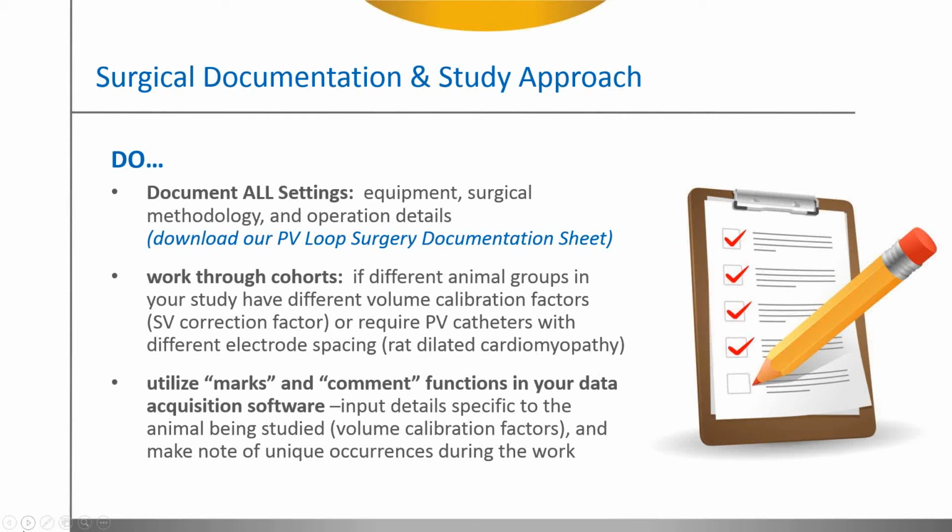Also, very important, what I found through the years: utilize marks in the software files. There is a variety of software Peter showed you, like for example iWorks or ADI or IOX. Please make notes within the file for your own safety.